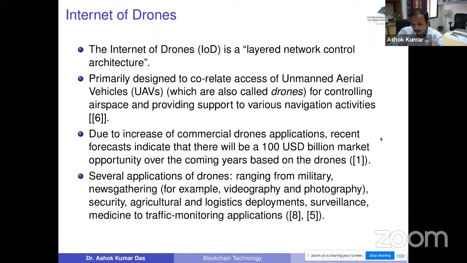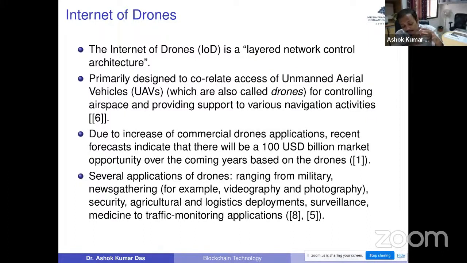Due to the popularity of drone technologies, there are now several potential applications of drones, ranging from the military to news gathering, where videography and photography are very difficult.